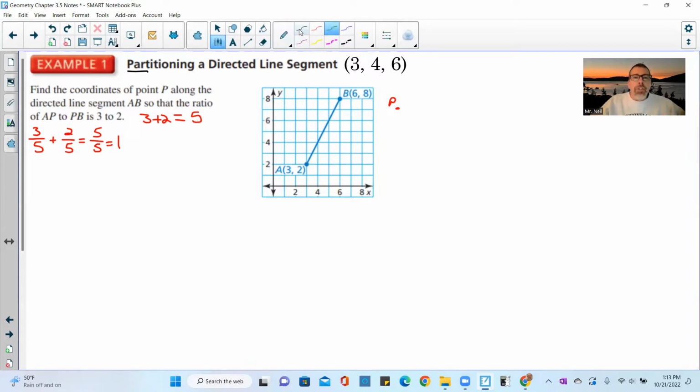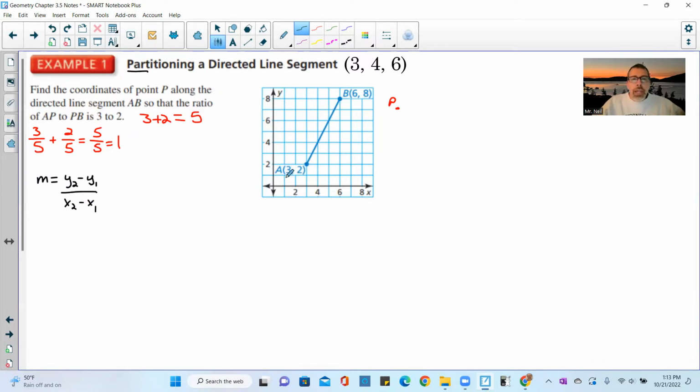The next thing we do is find the slope of line segment AB. Slope is m equals y2 minus y1 divided by x2 minus x1.